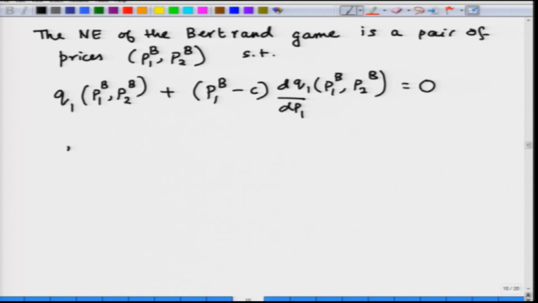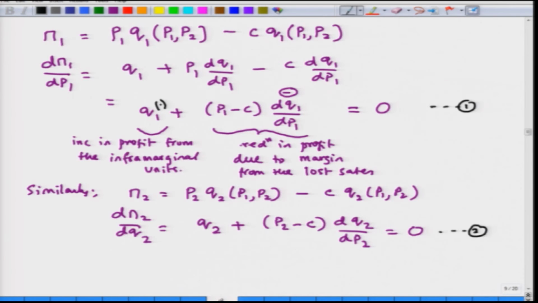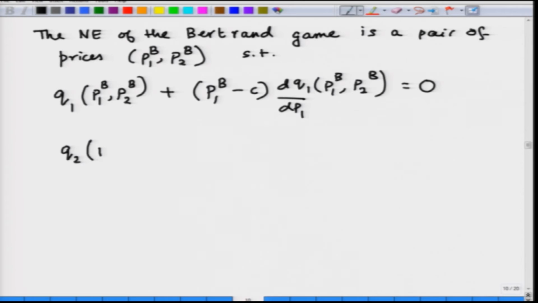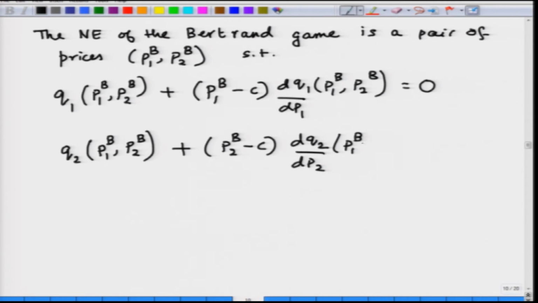And similarly, from equation 2, I am going to have Q2 as a function of P1B, P2B plus (P2B minus C) dQ2/dP2, evaluated at P1B, P2B, which is equal to 0, right. So, my Nash equilibrium prices P1B, P2B simultaneously solve these two first order conditions 1 and 2.